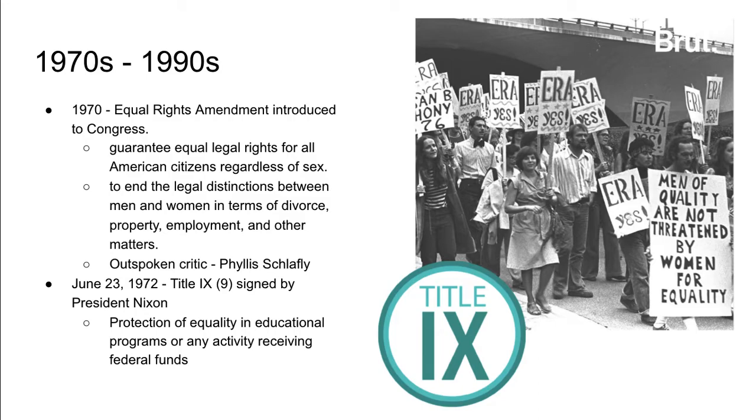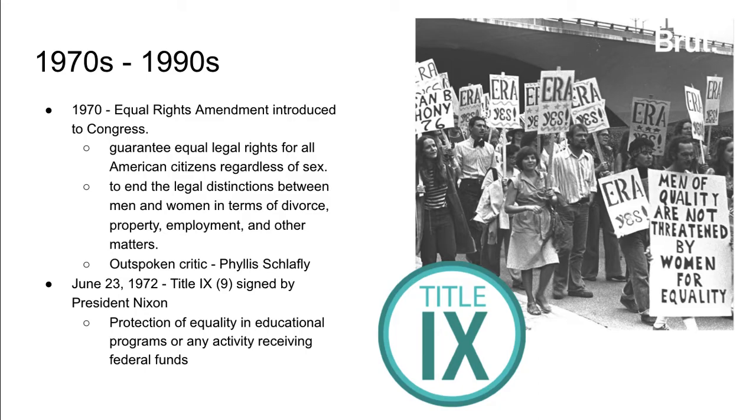No person on the basis of sex shall be excluded from participation in, be denied the benefits of, or be subjected to discrimination under any educational program. So when we take a look at how this law works in action, think of sports.